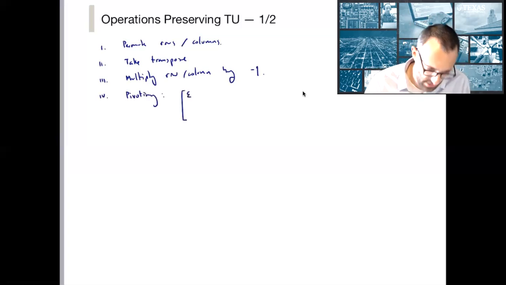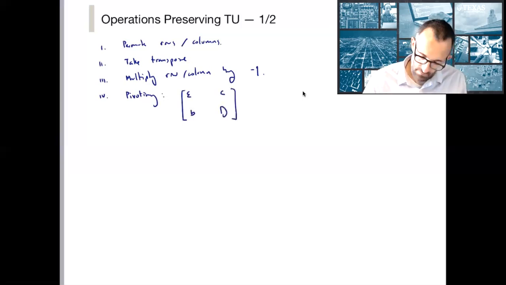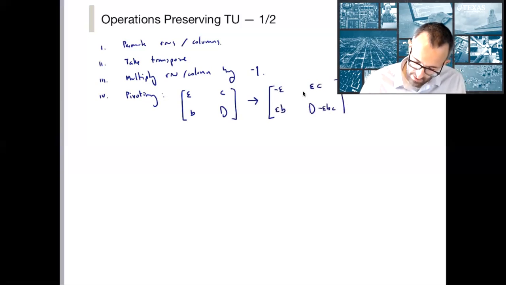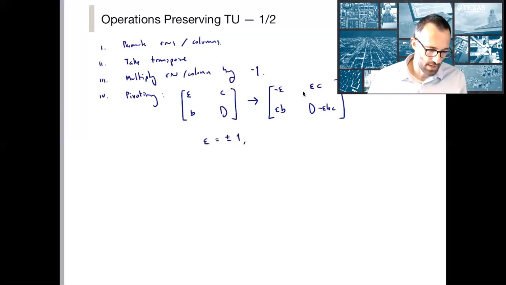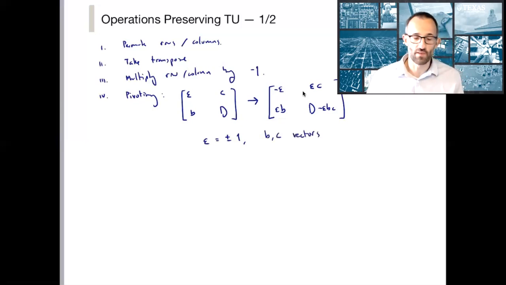Going from a matrix that looks like epsilon, C, B, D to minus epsilon, epsilon C, epsilon B, D minus epsilon BC, where here epsilon is plus or minus 1, and B and C are vectors, so column and row vectors respectively, and then D is a matrix. So if the first matrix is totally unimodular, then so is the second.